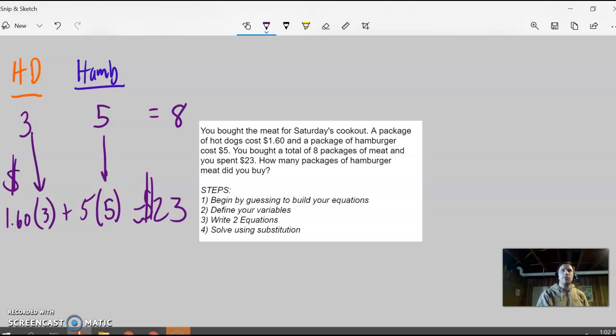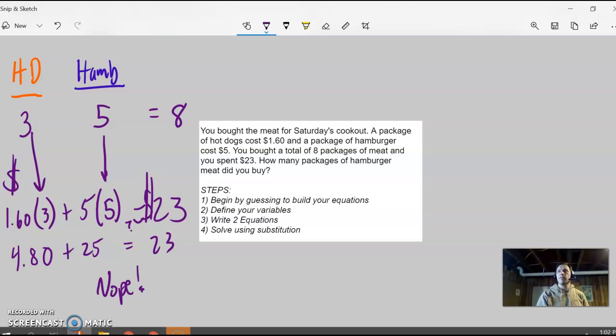See how I'm just multiplying those guesses right in there? So 1.60 times 3 is 4.80. Walking through that, 5 times 5 is 25. Does that equal 23? I can see right away it's not, because 25 is too big. So nope, that doesn't work.